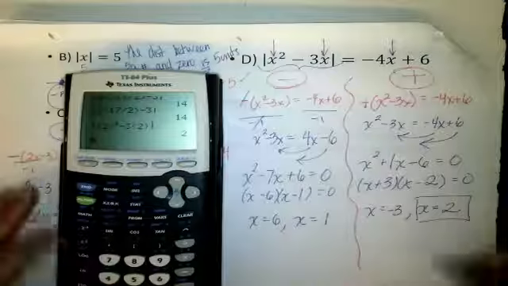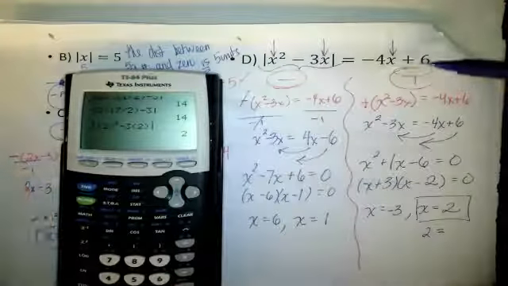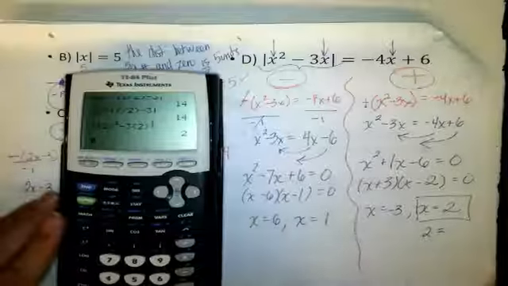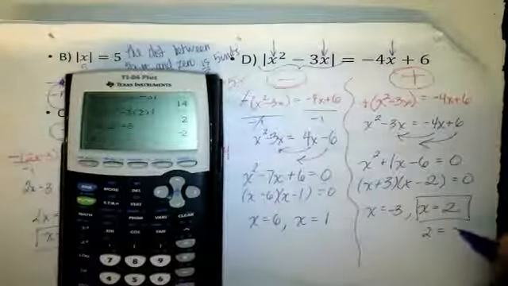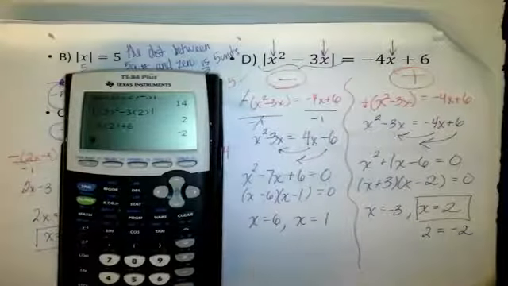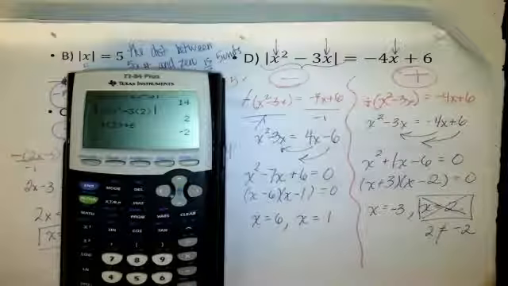And I get an answer of 2 on the left-hand side. And I'm going to compare that to what I get on the right-hand side. So negative 4 times 2 plus 6. And that equals negative 2. Did it work? No, that did not balance. 2 is a false solution.